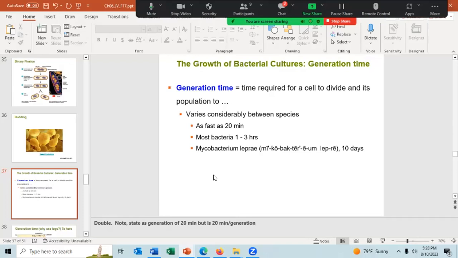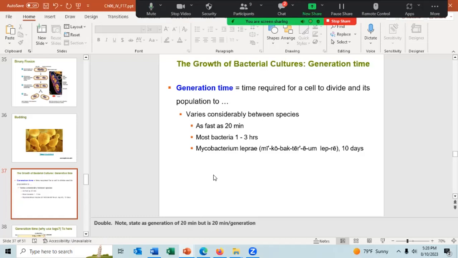The generation time in bacteria varies considerably between different species. Some species can have as fast of a generation time as every 20 minutes. And we call the generation time 20 minutes, but realize that's the time it takes for the one cell to split into two, or for the population number to go from, let's say, 1 million to 2 million.